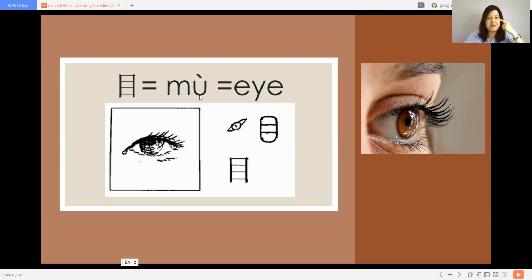Maybe from this word you can't really see the picture of the eye, but if you put it sideways like this, it's the shape of our eye. 目 is eye.